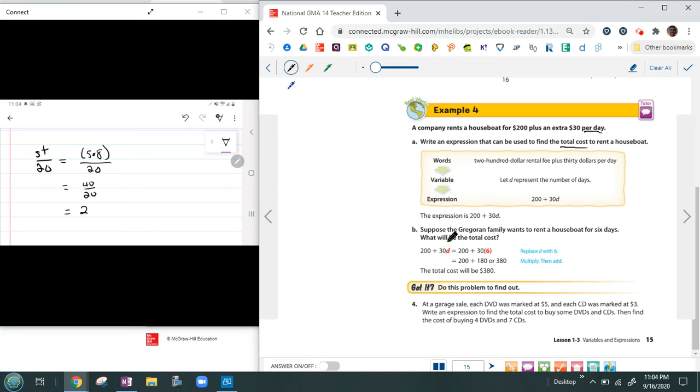All right, and then the second part of the question says, suppose the Gregorin family wants to rent a houseboat for 6 days. Well, now they're just telling us that the D is going to be replaced with 6. What will the total cost be after 6 days? So you can simplify that, and boom, you got the answer.